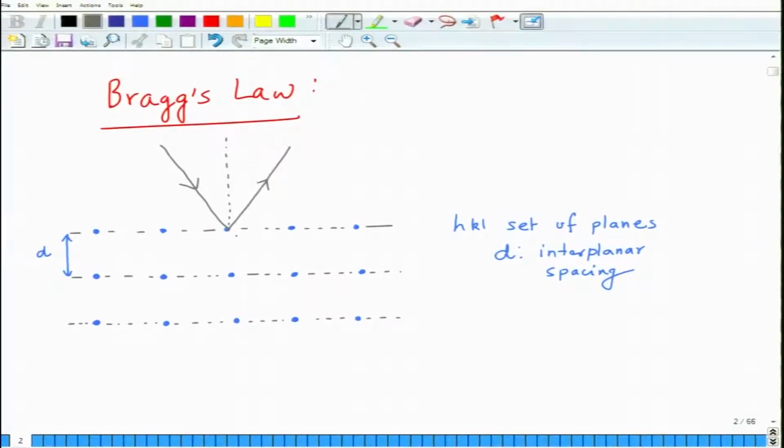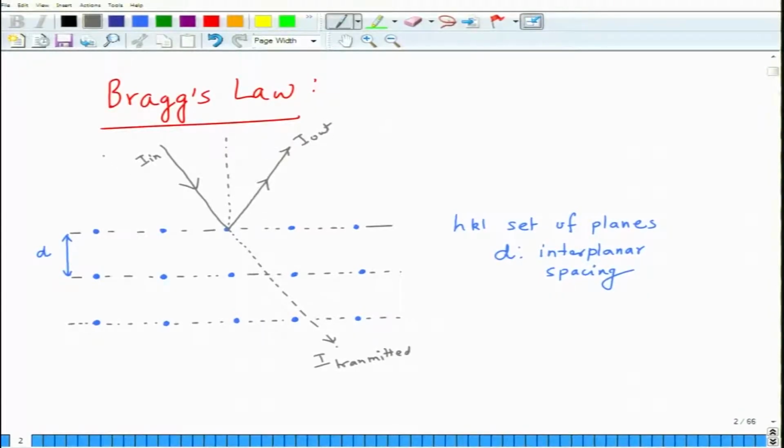And this will be the outgoing beam. So this is I in, and this is the transmitted beam, and this is I out, the outgoing or diffracted beam.